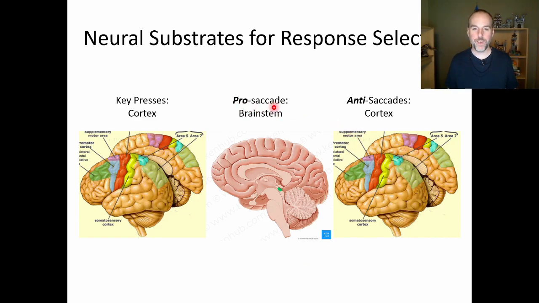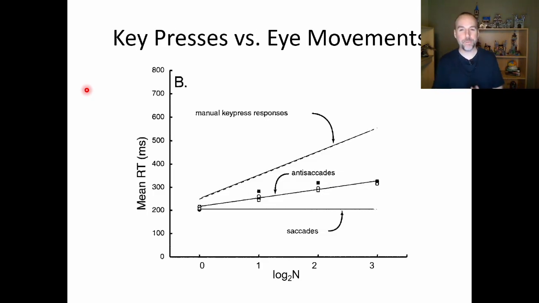So a prosaccade, we could use the brainstem. Anti-saccades, it's still eye movements, but we're going to have to use basically the same areas of the cortex that we saw with key presses. So what happened in terms of their results? So here's key presses, Hick-Hyman law, prosaccades, no Hick-Hyman law, and the interesting thing here is that with anti-saccades, we're back to seeing the Hick-Hyman law.